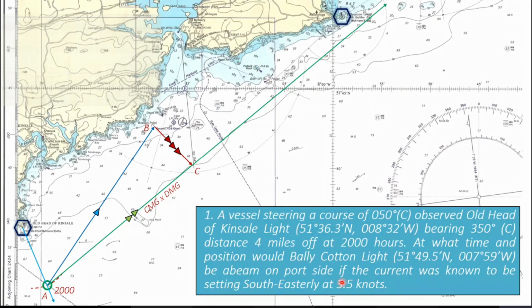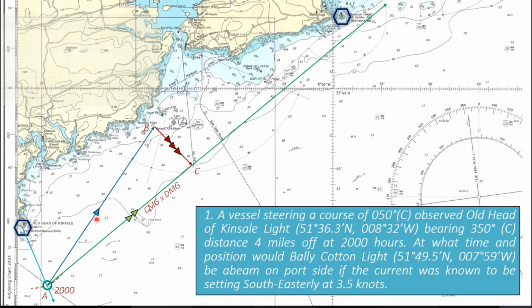If something is on the starboard side, you will have to add 90 degrees to your course steered to get that beam bearing. And if something is on the port side, you will have to subtract 90 degrees to get your beam bearing. So be clear in the mind that an object coming abeam will happen when it is at 90 degrees to our course steered.